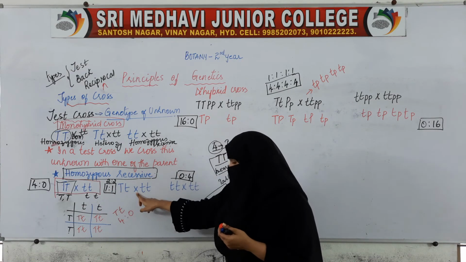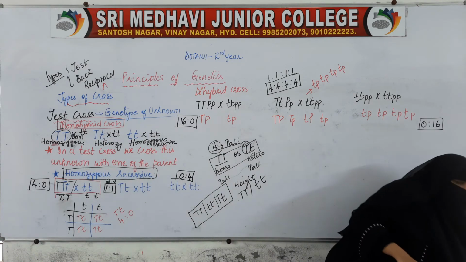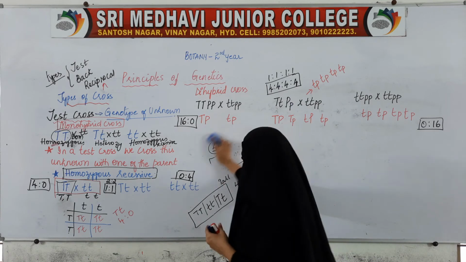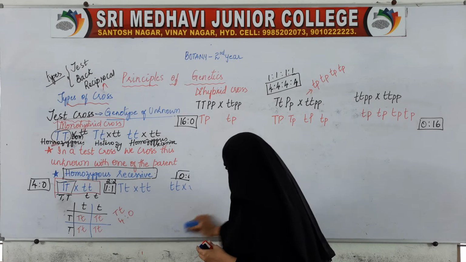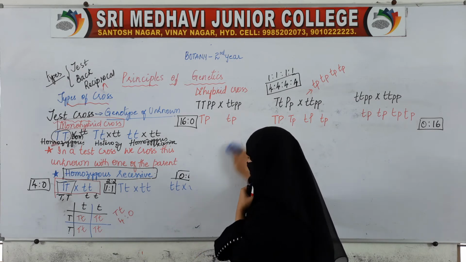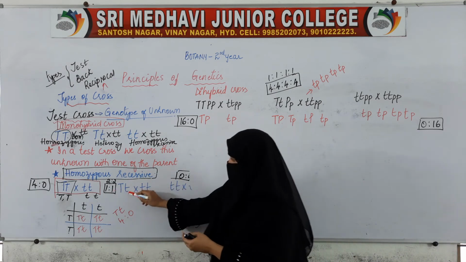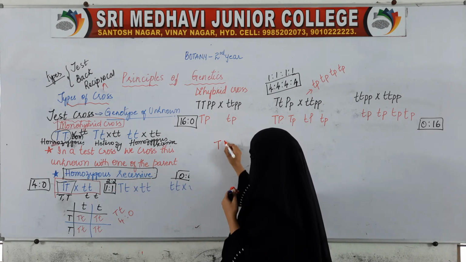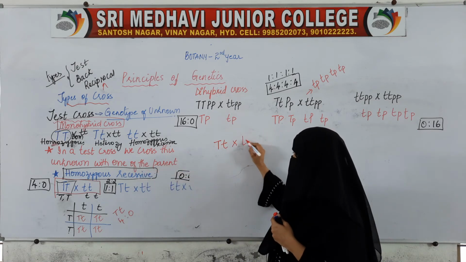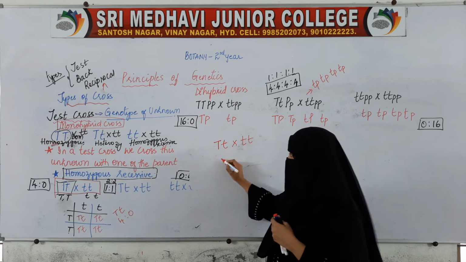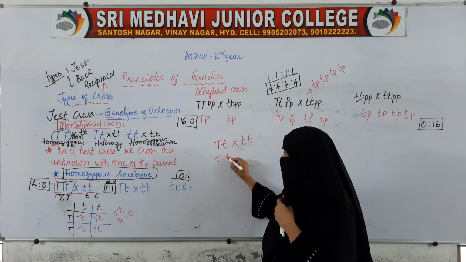Now we'll do this for this one. This one, heterozygous, capital T, small t, we have to cross with homozygous recessive, that is small t, small t. So what type of gametes do we get? One is capital T, one is small t.